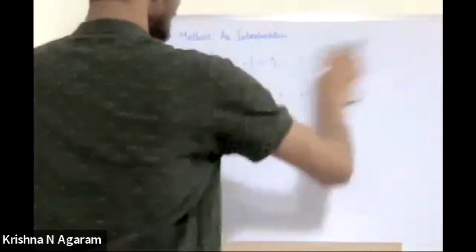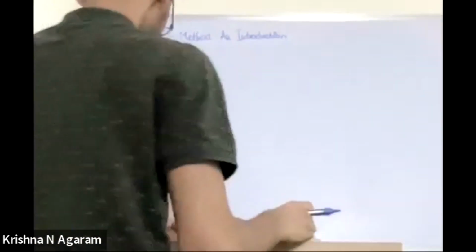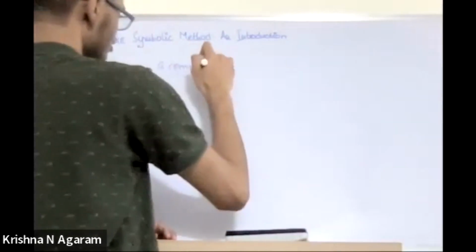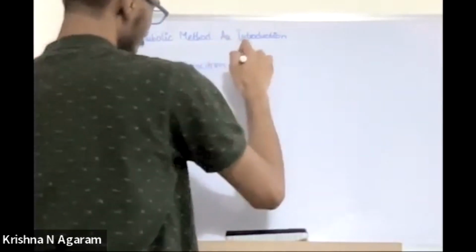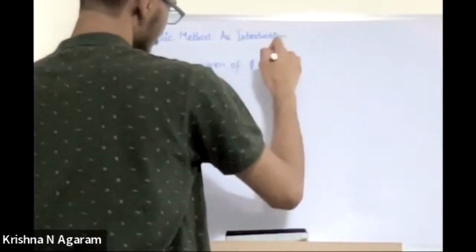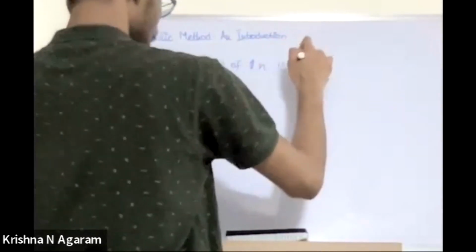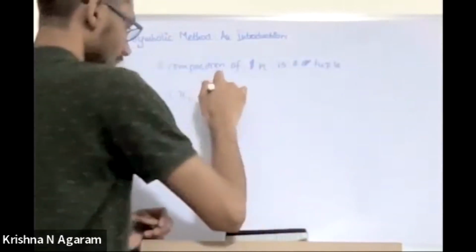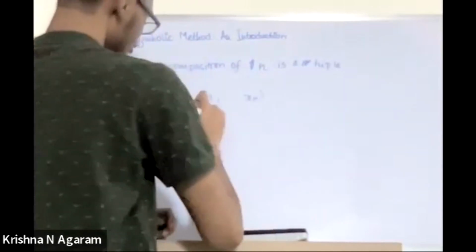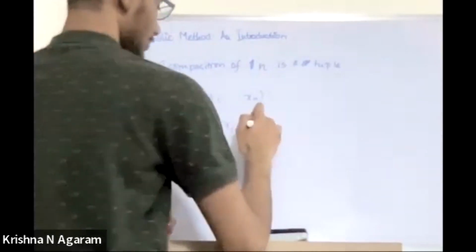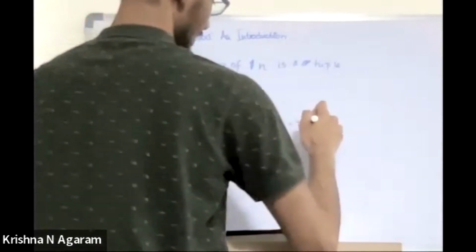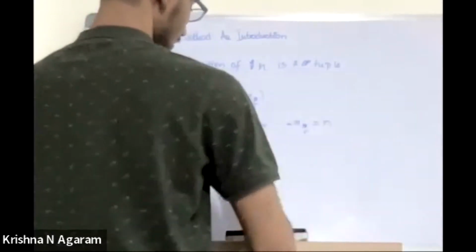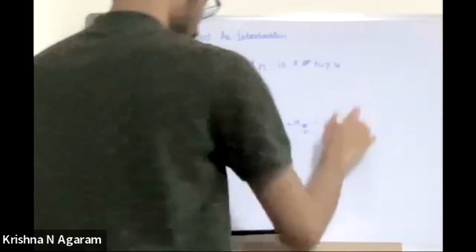Now this standard problem. A composition of n is a tuple x1, x2, up to xr, each greater than or equal to 0, with x1 plus x2 plus up to xr equals n.